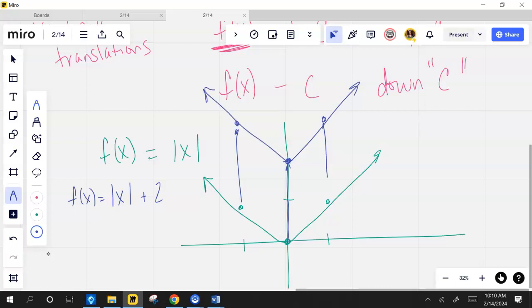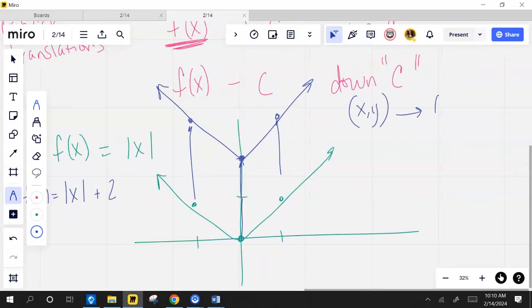And so if you look at your pink sheet, there's that last column that says change. Some students like that column and some don't. It says x, y. That means what you started with on the green one, right? Changes to, you keep your x the same, and for every y, you add the c to it. So in other words, this point was 0, 0.